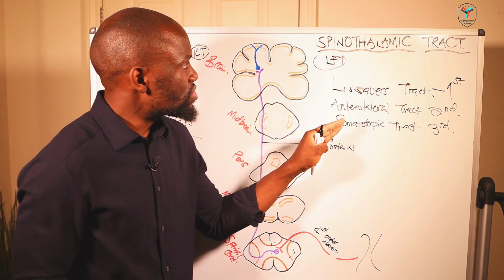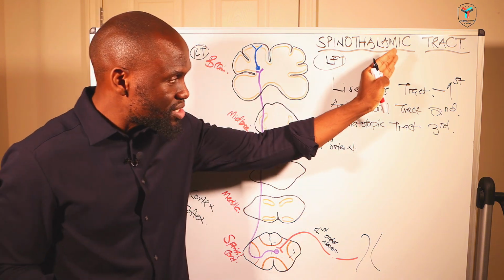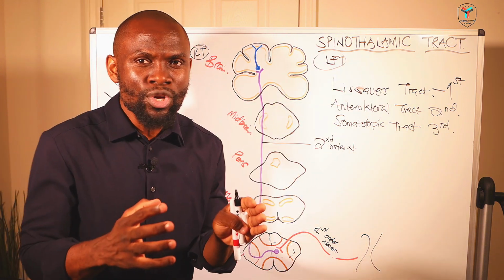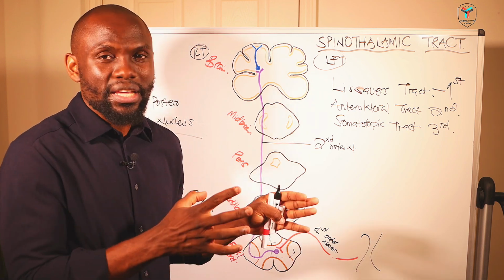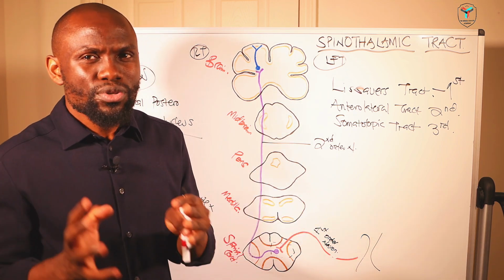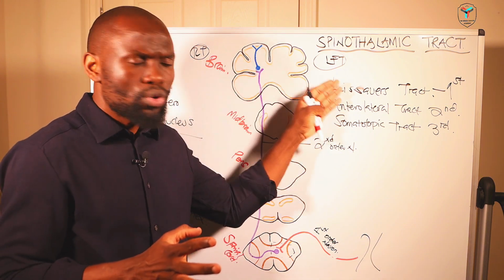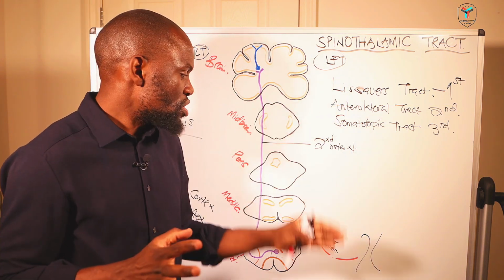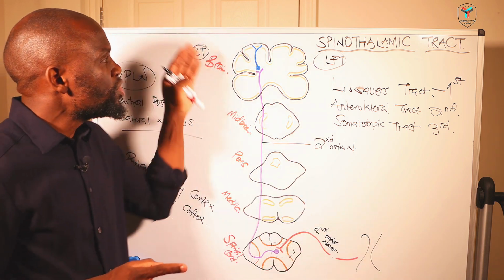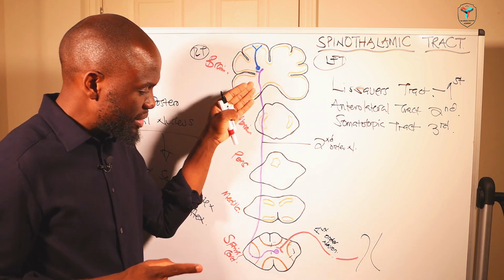So that is what is going to be happening. So the spinothalamic tract is an important sensory tract that helps you transmit pain signals, temperature signals, and crude touch and pressure signals all the way from the point of contact, and then move them to the brain for interpretation.